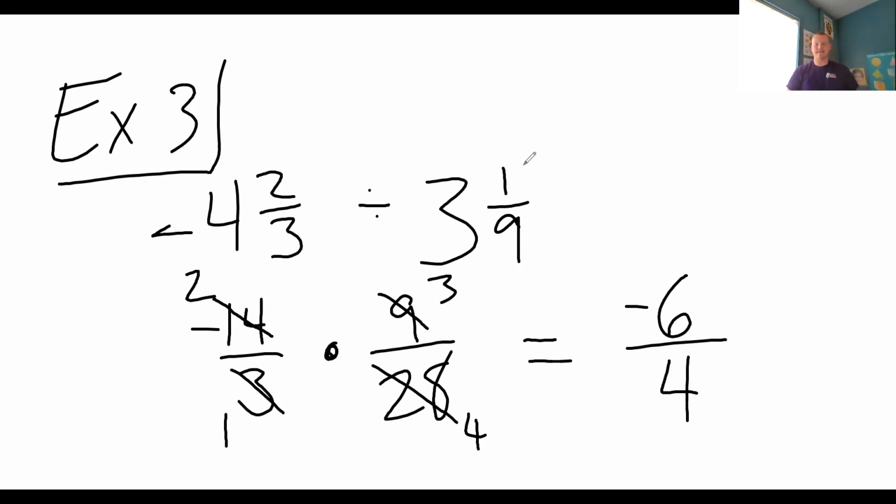I could leave it as that improper fraction, or you could turn that into a mixed number. What would it be if it was a mixed number, Logan? Yep, negative 1 and 1/2, or negative 1 and 2/4 is what it would be first, but then you reduce to 1/2. Good. Those would be my 2 options. Okay, let's move on from that.